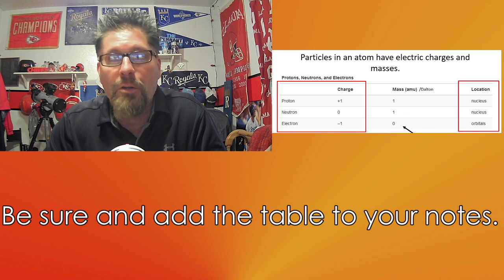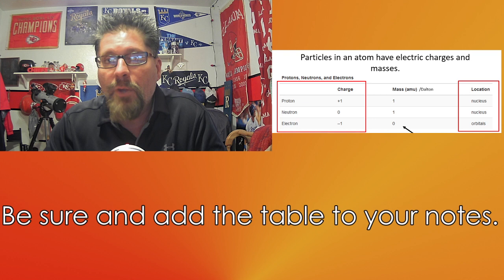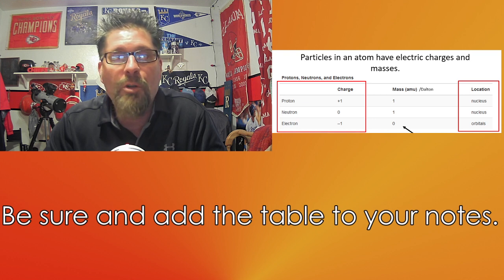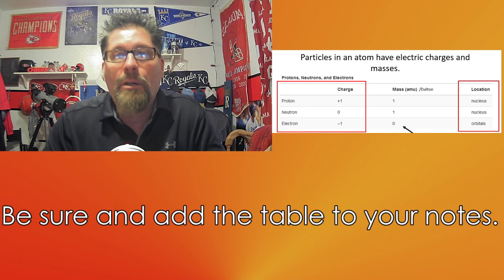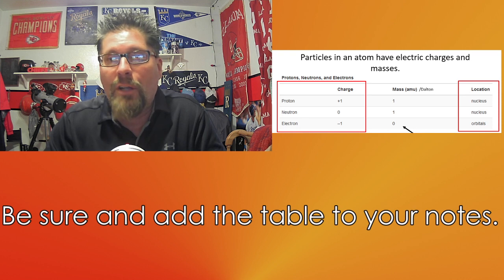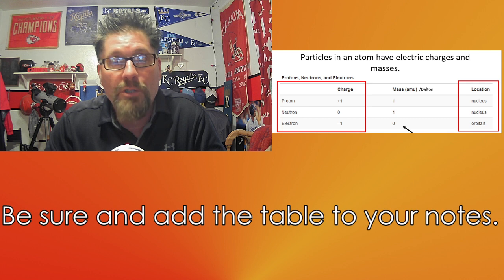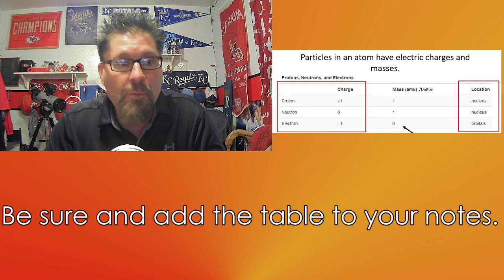The peas would add so little mass to the overall structure. If the elephants were the protons and neutrons and the peas were the electrons, they would add so little that you wouldn't even consider them as far as the weight. And it's the same thing with electrons. They're so much smaller in mass that they do not add anything. So they get a 0 for the mass, and those numbers make up the atomic mass number, which we're going to talk about soon.